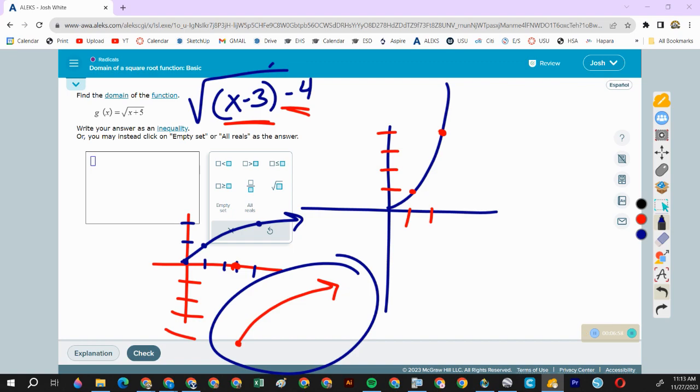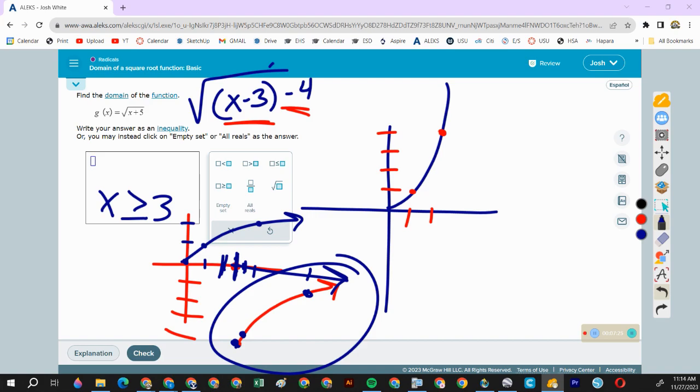Which x's hit the graph? Everything from 3 over. Does 3 have a part on the graph? Yes, it's right there. Does 3.5? Yes, right there. Does 10? Yes, right there. Does 2? No. So we would say x is greater than or equal to 3.